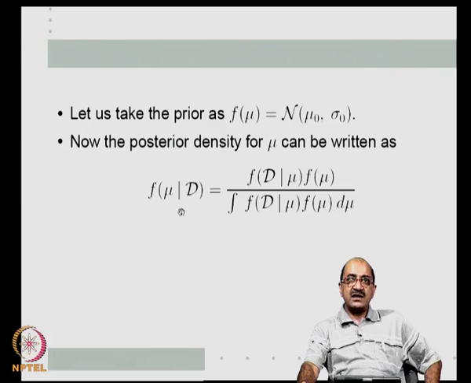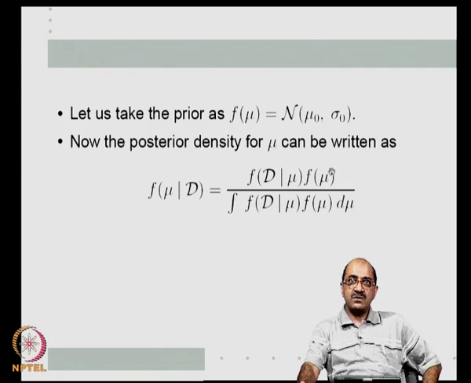Now, we can calculate the posterior. The posterior of mu given D is f of D given mu, this is my likelihood, times f of mu, that is my prior, which is assumed to be normal with mean mu 0 and variance sigma 0 square. The denominator is of course a normalizing constant. So, this is how I can calculate the posterior.